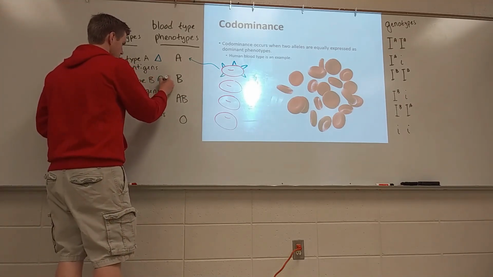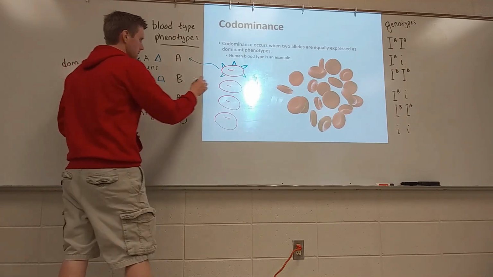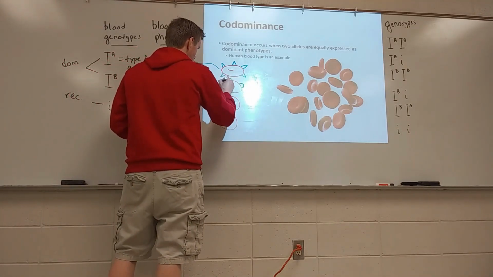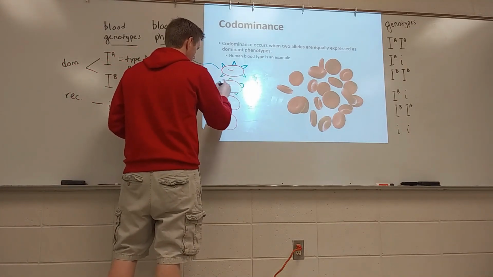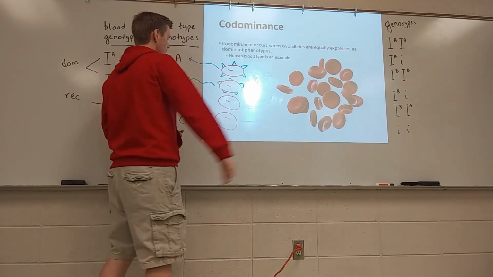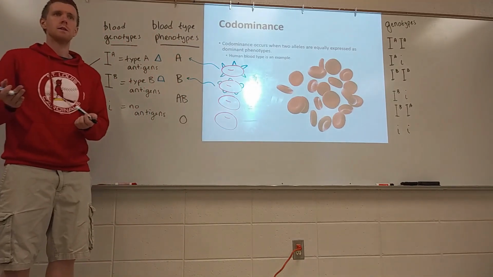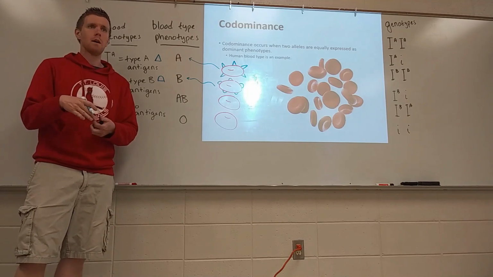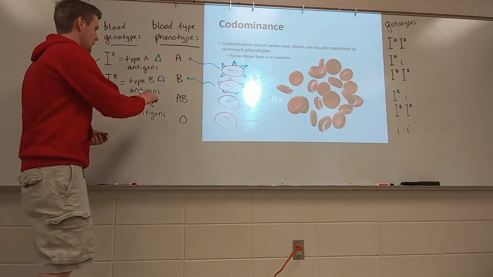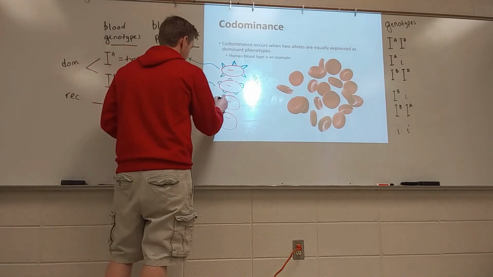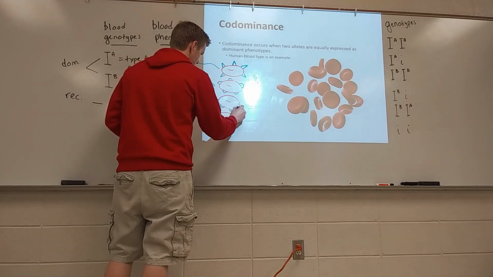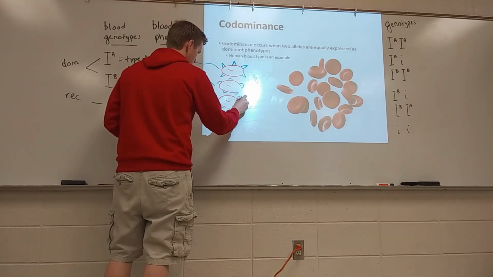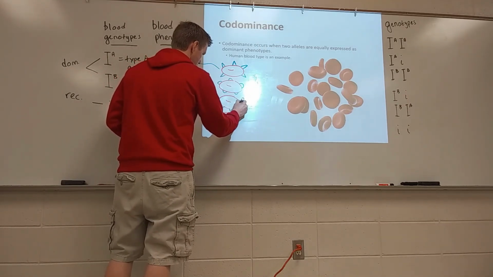Type B antigens we're going to show as a little semicircle. And someone with type B blood would have type B antigens in their blood recognized by their body as a normal thing. People with AB blood have both.